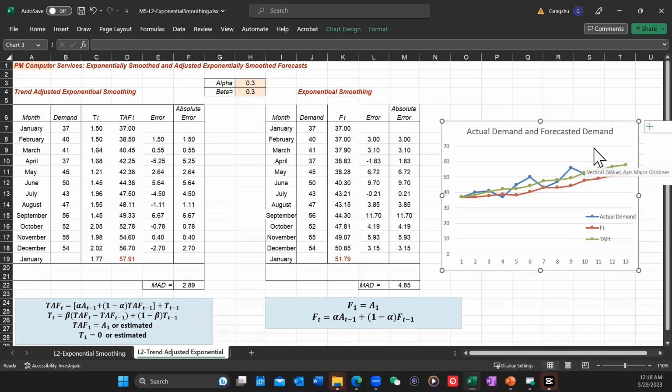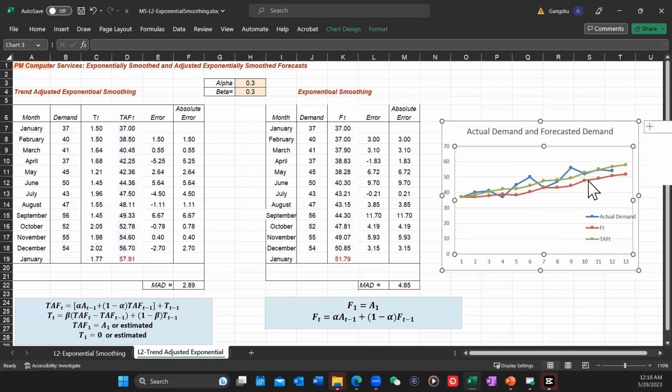Now let's look at the graph on the right. The blue line is the actual demand data. The red line is the simple exponential smoothing without trend adjustment. And the trend-adjusted exponential smoothing is in green.